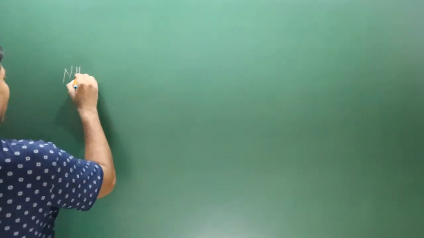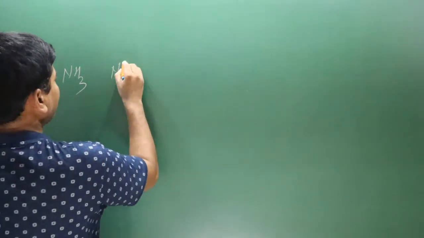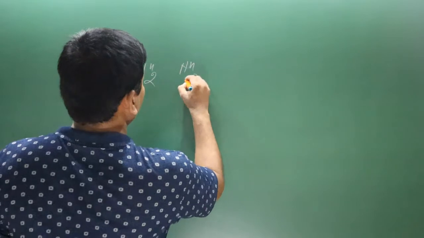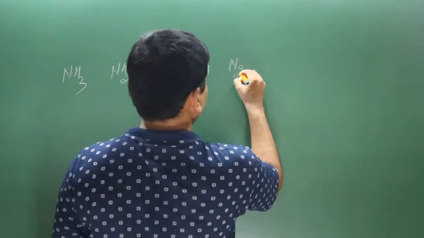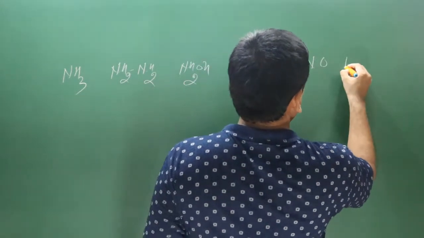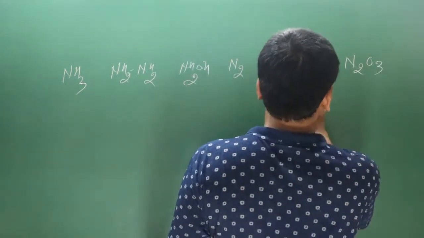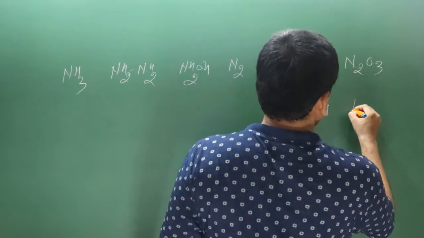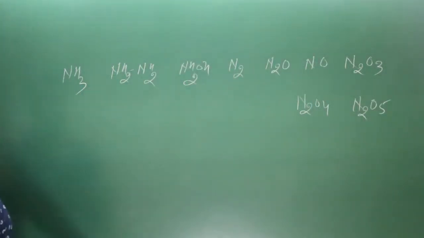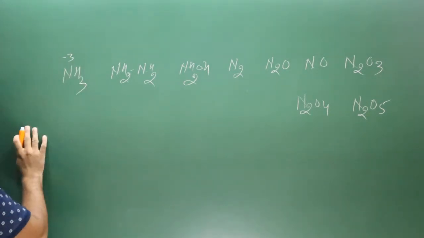We have NH3 ammonia, N2H4 hydrazine, NH2OH, nitrogen gas N2, N2O, NO, N2O3, N2O4 and N2O5.